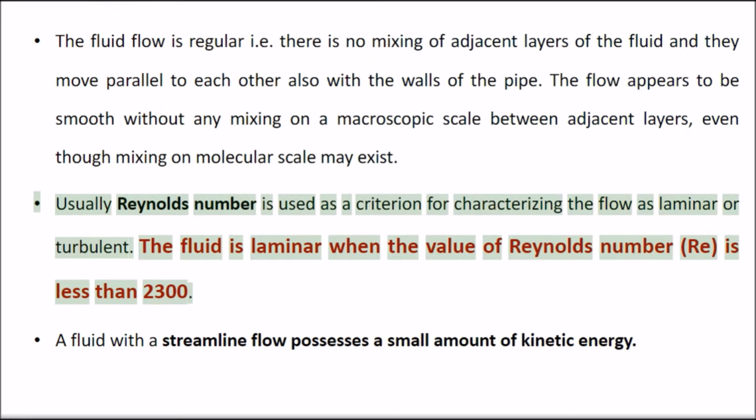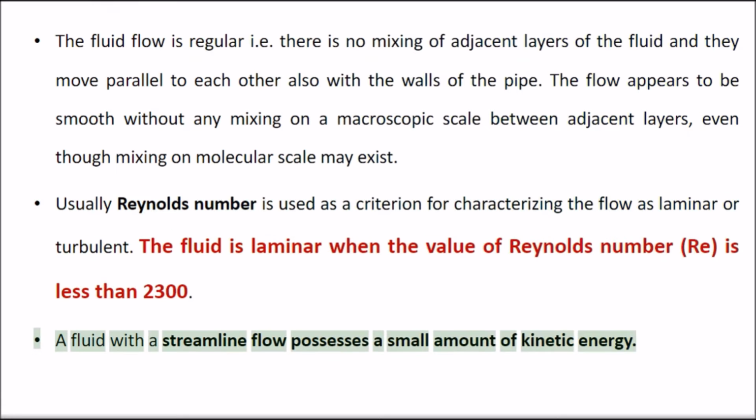Usually Reynolds number is used as a criterion for characterizing the flow as laminar or turbulent. The fluid is laminar when the value of Reynolds number, Re, is less than 2300. A fluid with a streamline flow possesses a small amount of kinetic energy.